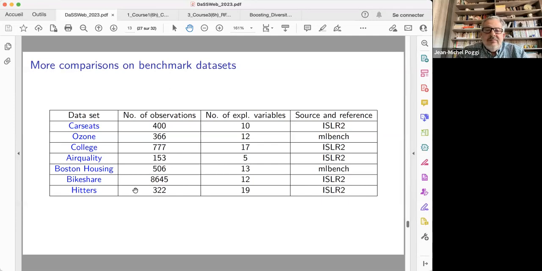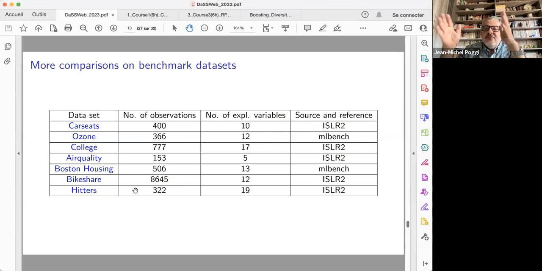But we decided to do something more. So we considered one simulated example to try to understand the behavior of kappa with respect to what we usually know about M and about delta, the usual boosting parameters.